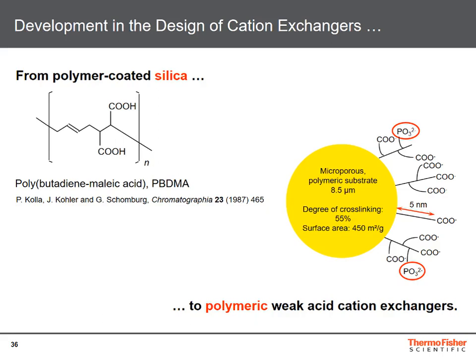With the right ratio between phosphonate and carboxyl groups on the surface of the stationary phase, we can tailor cation exchangers today so that manganese ions are eluting right in the center between magnesium and calcium ions.